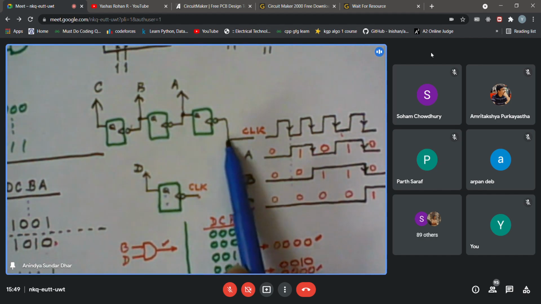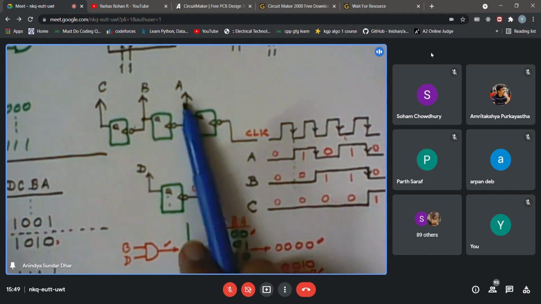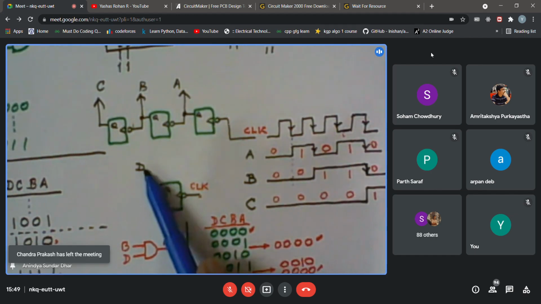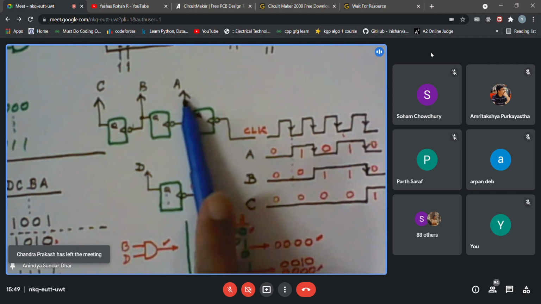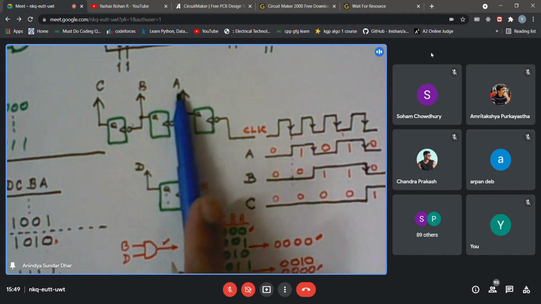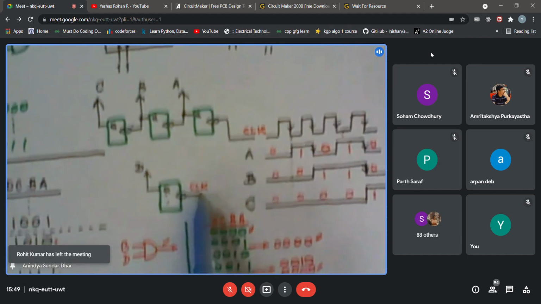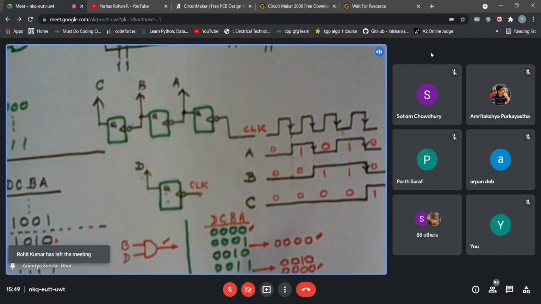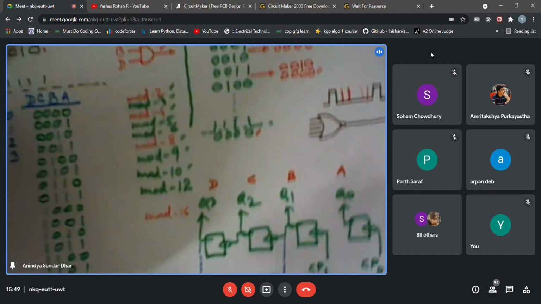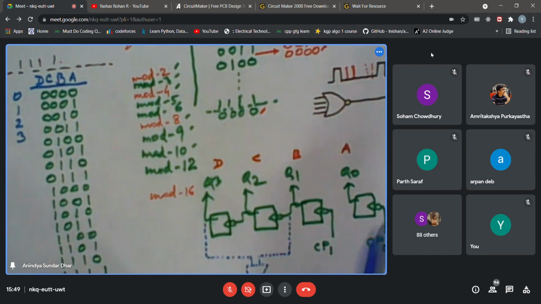Either you put the clock here and call this one the LSB, or else you put the clock here, call this one the LSB, then you make this connection, this one becomes next to LSB, this one becomes MSB. Alternatively, this is the clock, this is the LSB, you make a connection from C to this clock, this becomes MSB. So both are possible. But here, in 7493, is it possible to interchange the position of this flip-flop? That one, certainly I can connect Q0 here and get the output.